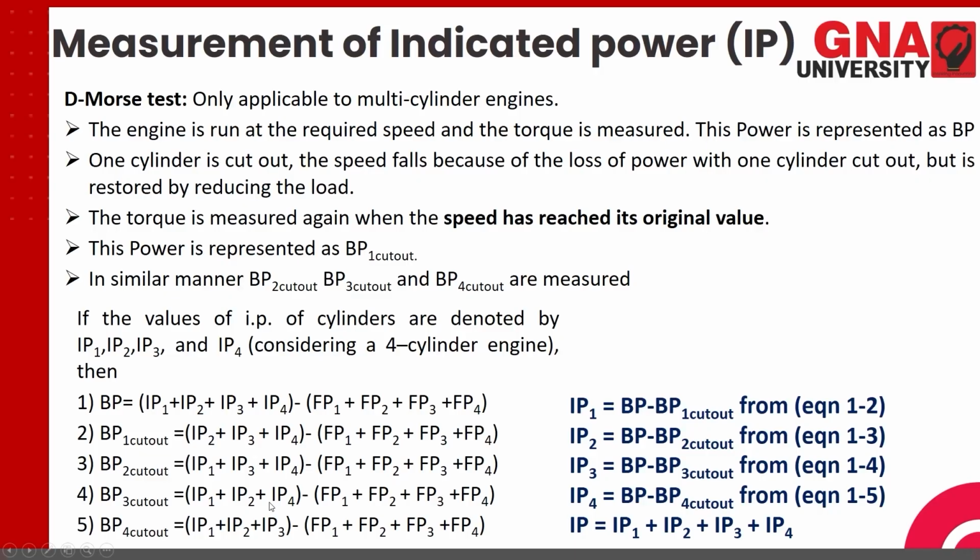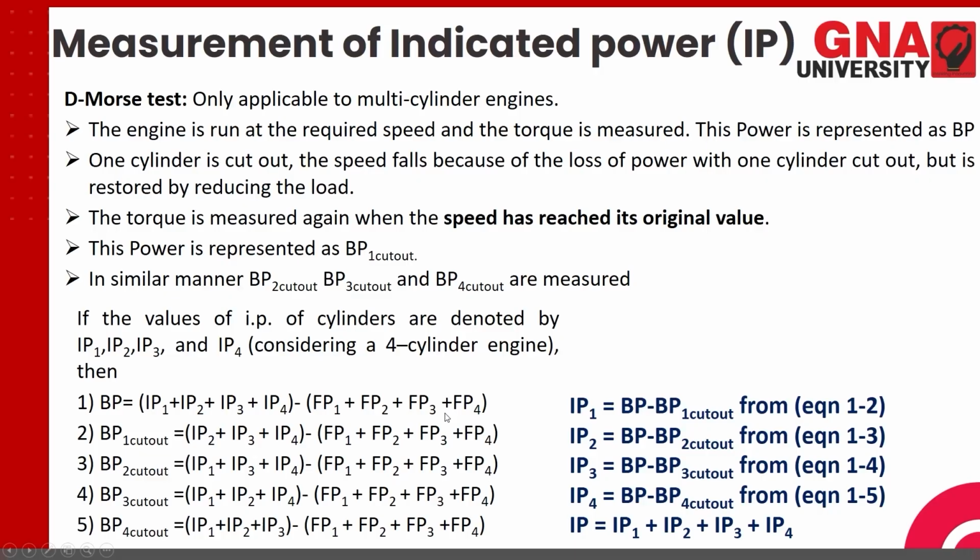Now if we are cutting out one cylinder, IP1 will not be produced. Deleting this IP1, you will have the indicated power produced by the 3 cylinders, IP2, IP3 and IP4. But the frictional power of all 4 cylinders will be included. Why will it be included?